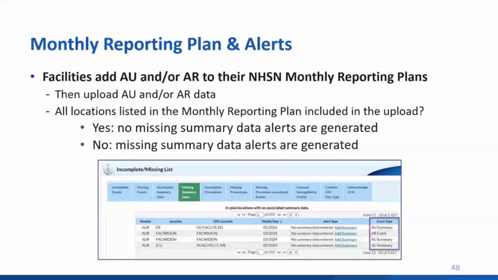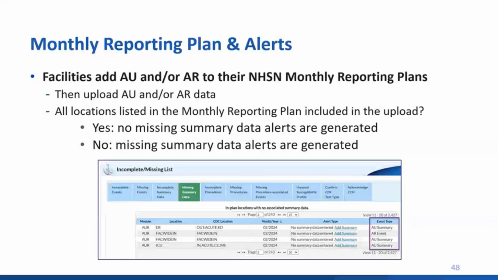Please note that if a file has been uploaded for all locations that have been included in the monthly reporting plan, there should not be any missing data alerts generated. However, if one or more of the files for a given location included in the monthly reporting plan have not been uploaded, missing summary data alerts will be generated.